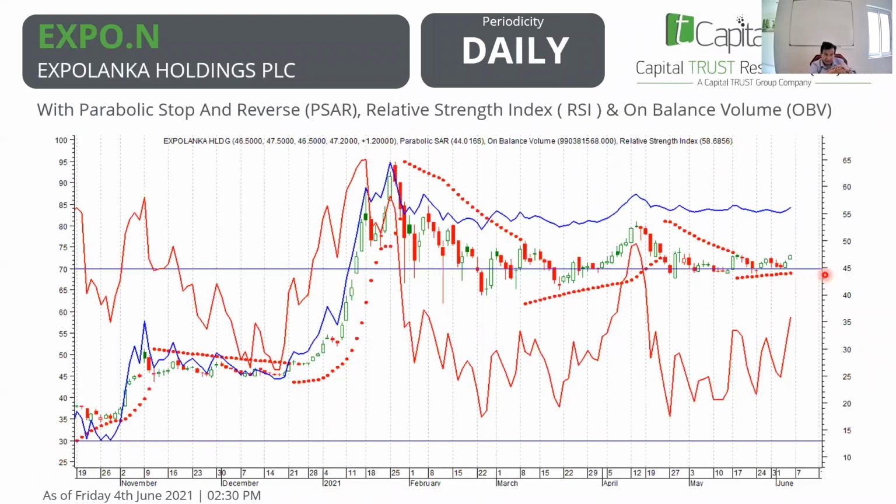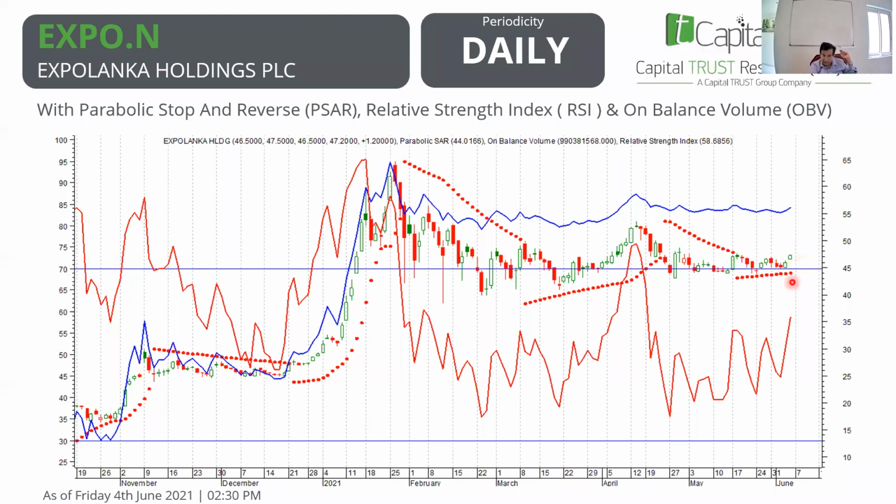Right. That's Expo Lanka. Right. In Expo Lanka, OBV has turned up. Right. Bullish signal. Right? Volumes are going up on days the share is going up. Again, you'll see that jump of Expo, right?